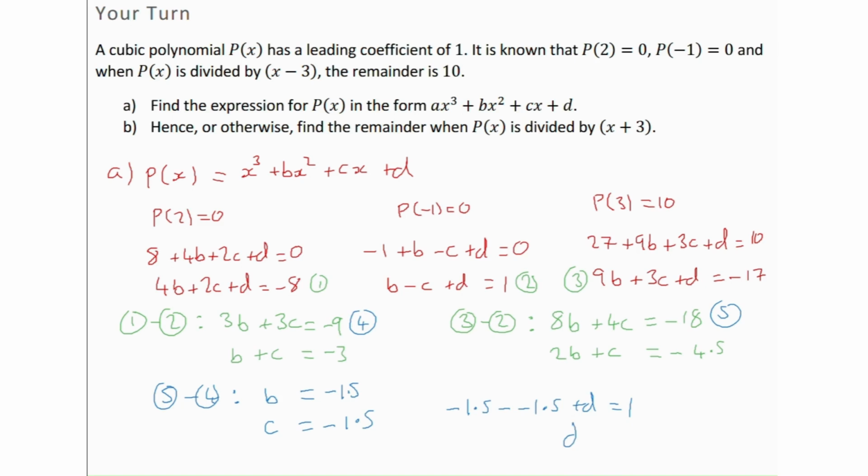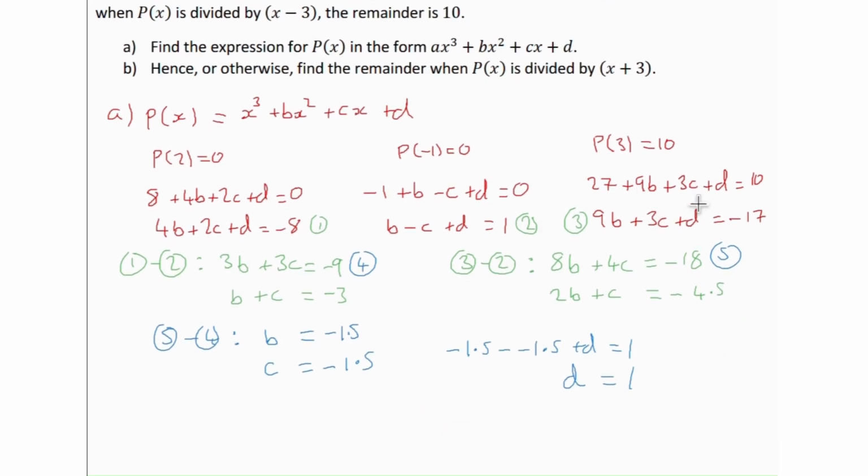These are going to cancel out, so I just get d is equal to 1. So that has found me b, c, and d, which means I can write p of x is equal to x cubed minus 3 over 2x squared minus 3 over 2x plus 1.